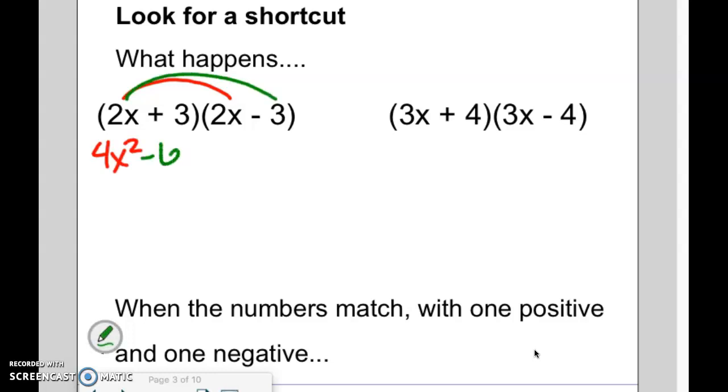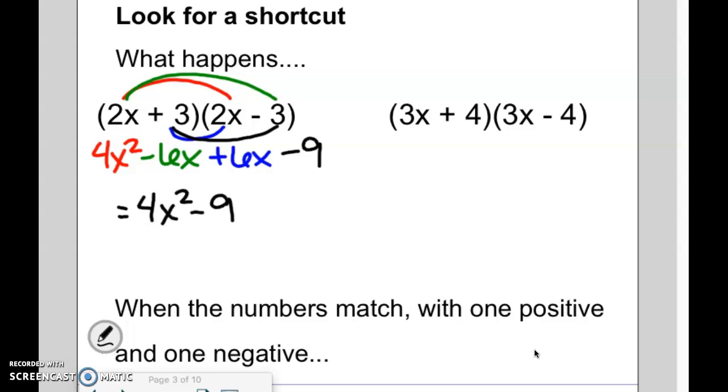Outside terms, negative 6x. Inside, positive 6x. And last gives me a negative 9. When you combine like terms in the middle, you get 4x squared subtract 9.